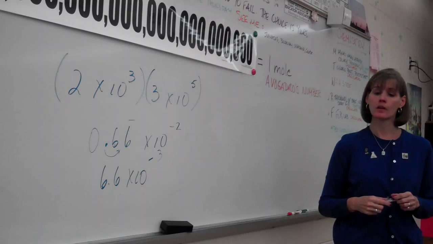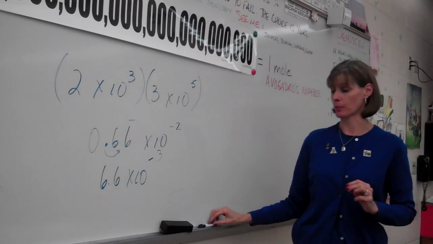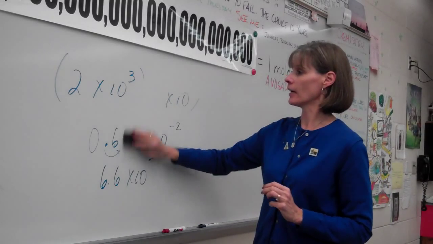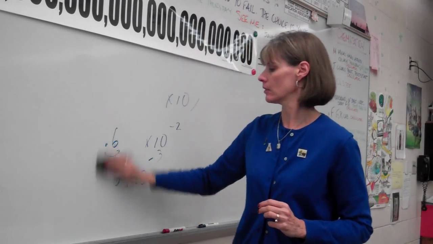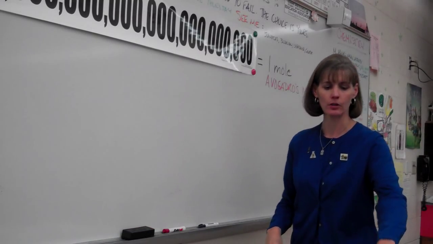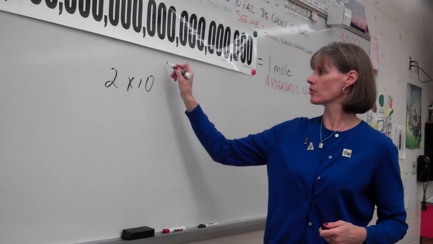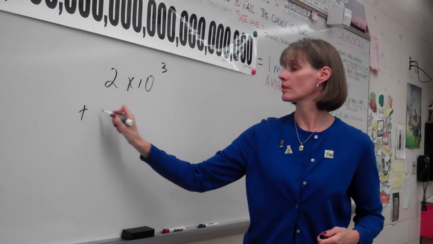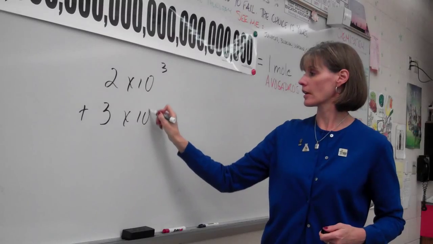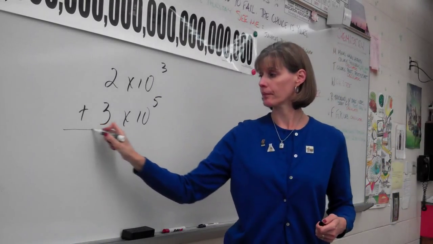Okay. Now, what if we're adding and subtracting these numbers? If we have 2 times 10 to the third plus 3 times 10 to the fifth, that's not going to work so well.